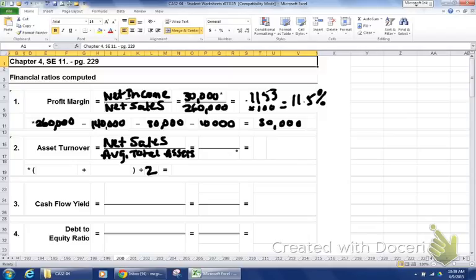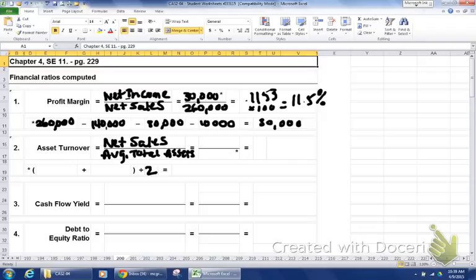The asset turnover ratio measures how efficiently assets are used to produce sales. In other words, how much revenue is generated by each dollar of assets.